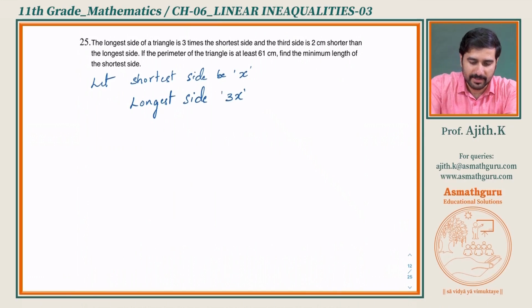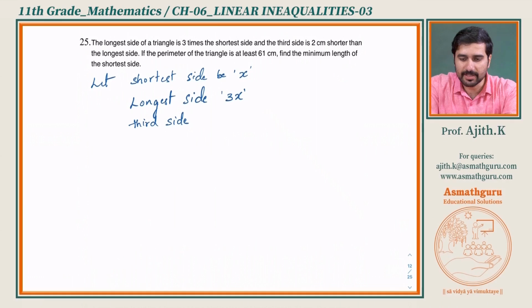The third side is 2 cm shorter than the longest side. The longest side is 3x, so I'll take 3x minus 2. So the shortest side is x, the longest side is 3x, and the third side is 3x minus 2.